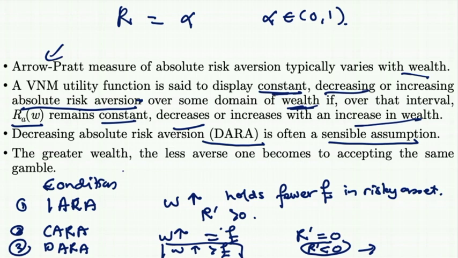So that's why you can see the second-to-last point here, decreasing absolute risk aversion is often a sensible assumption. All right, so that is all for this topic, uncertainty in relation to consumer theory.